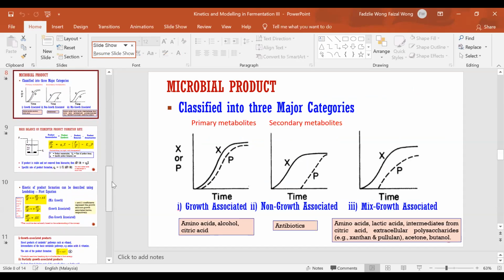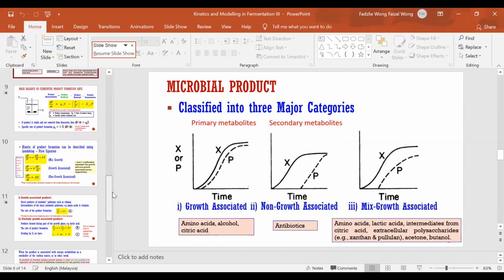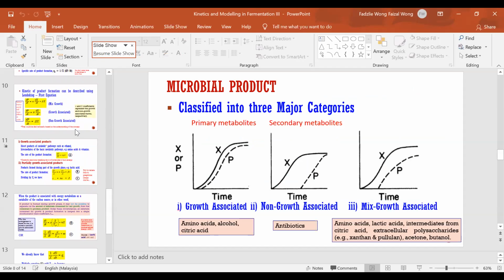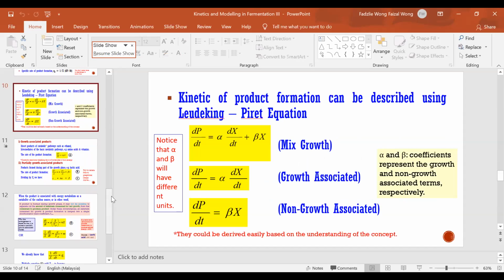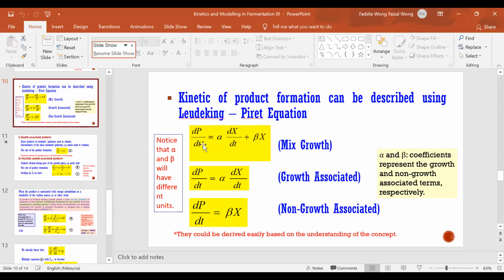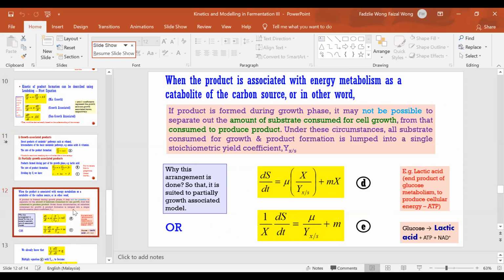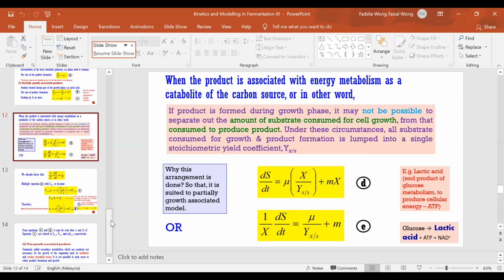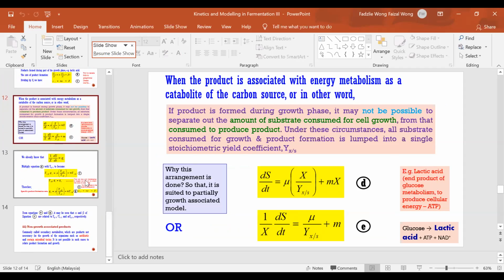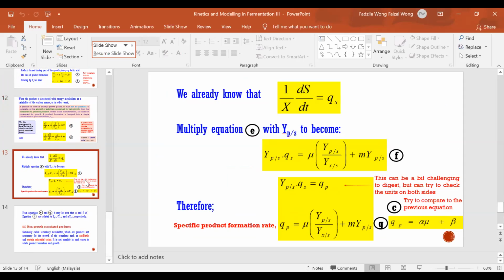In this, we did a bit of mathematical equations, the simple one. And then we try to expand the generic form of this mathematical equation, which consists of intermediate variables, to the one with kinetic parameters. So for Luedeking-Piret, the most important kinetic parameters are the values of alpha and beta.